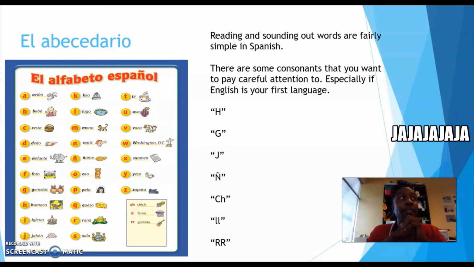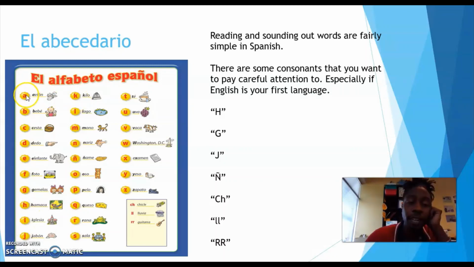This spells ha ha ha ha ha. Our consonants so far. A, B, C, D, E, F, G, H, I, J, Ka. Ka is where we are now.